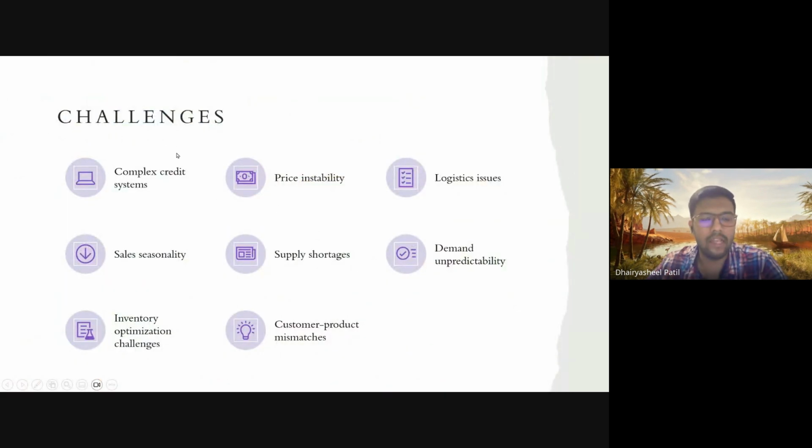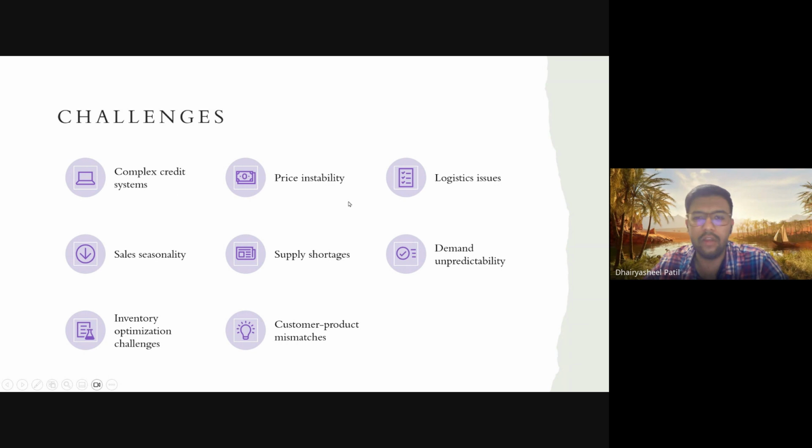The main challenges he faces: there is an issue with the credit system. Most of the time, customers come demanding a subsidy from the government. Initially, they are asked to procure from the distributor or seller on credit, and he is supposed to provide that. Then there is price instability.